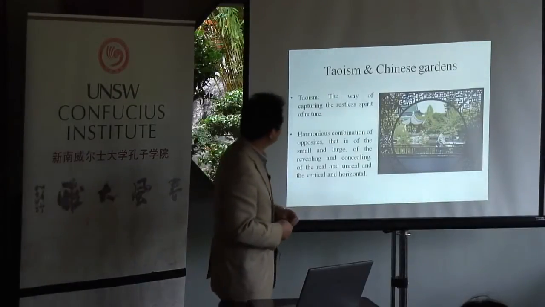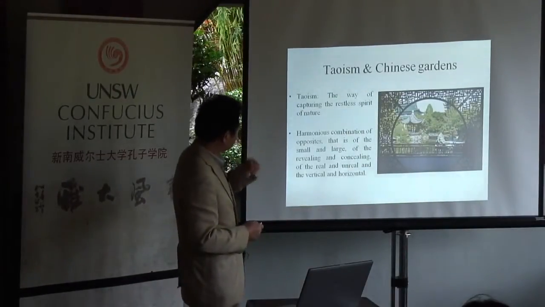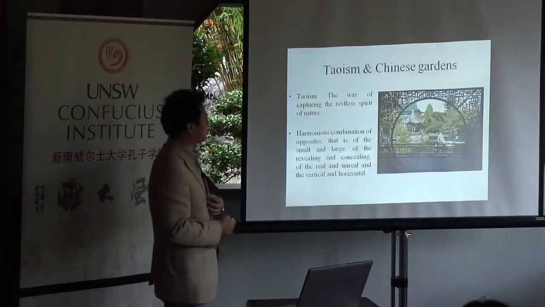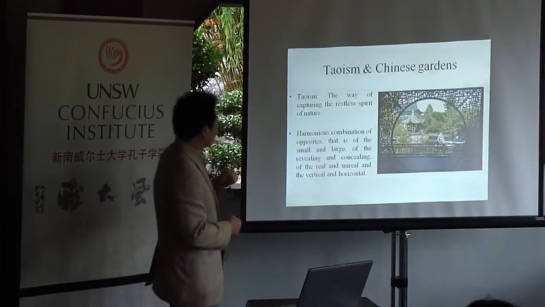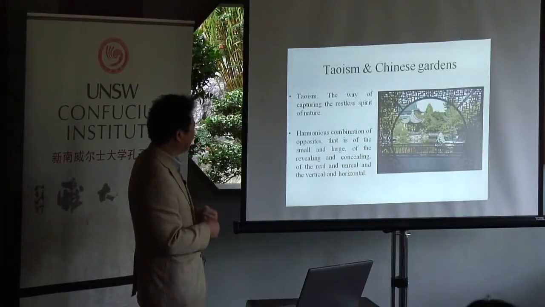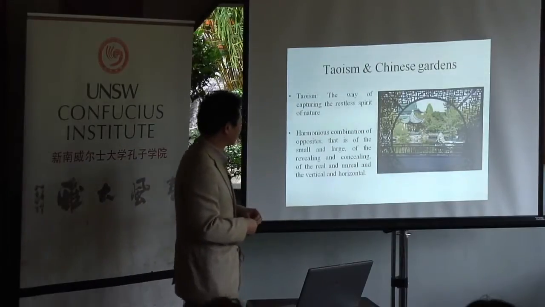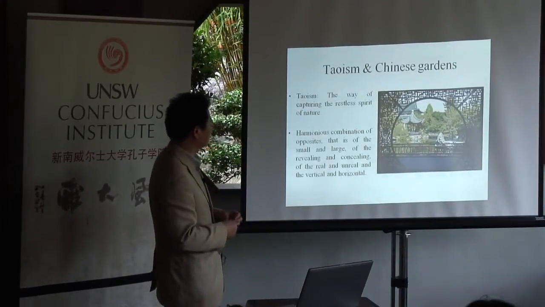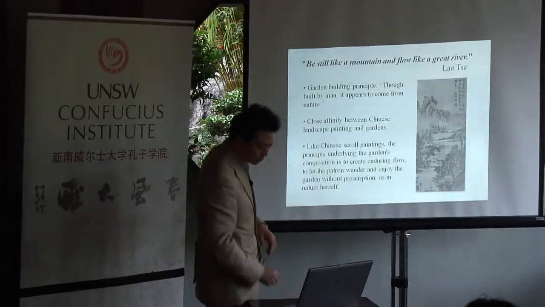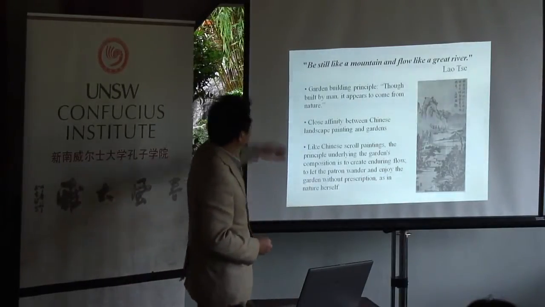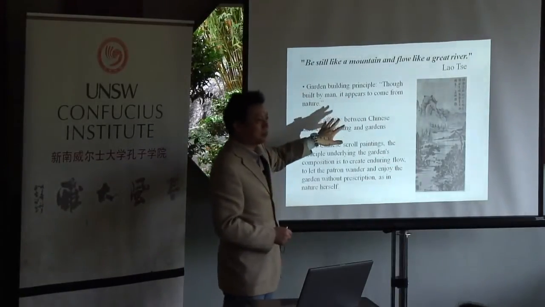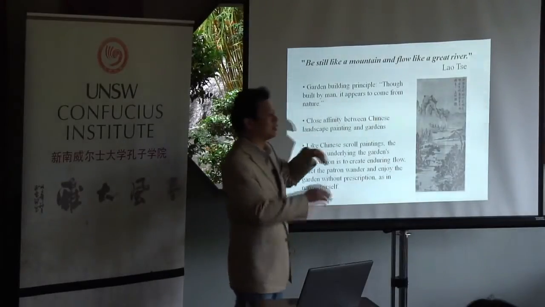Taoism and the Chinese garden. Taoism is the way to capture the restless spirit of nature, a harmonious compilation of opposites: the small and large, the solid and void, the real and unreal, and the vertical and the horizontal. The garden building principle in ancient China: though built by man, it appeared to come from nature.